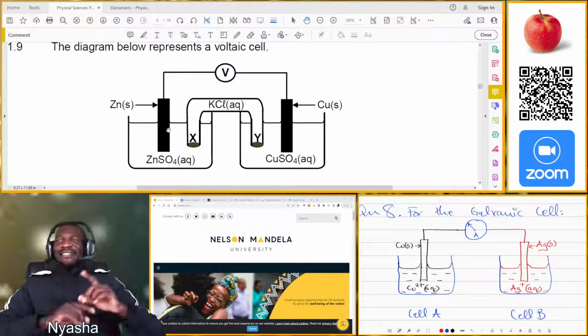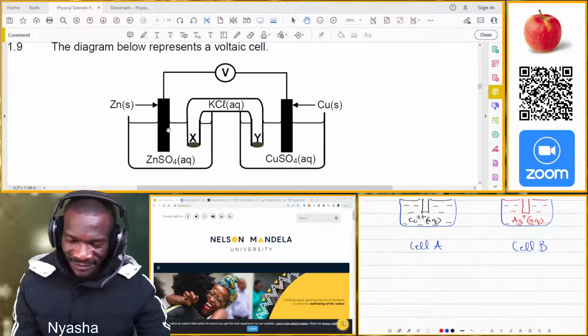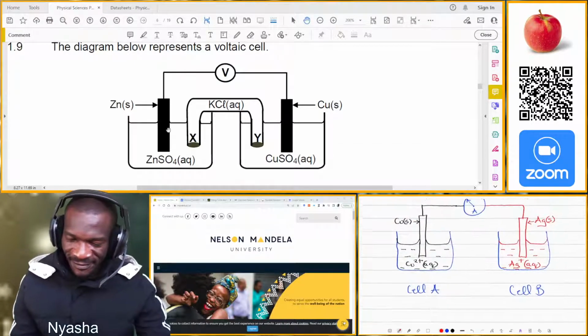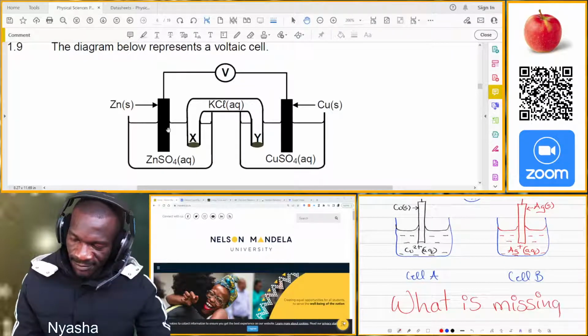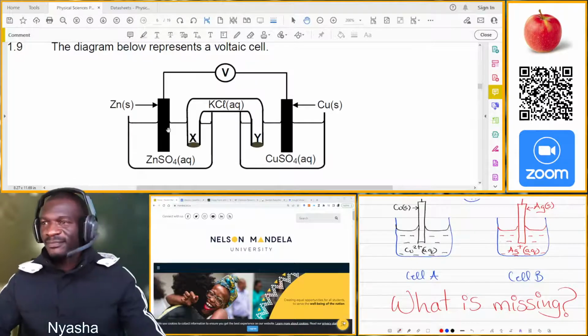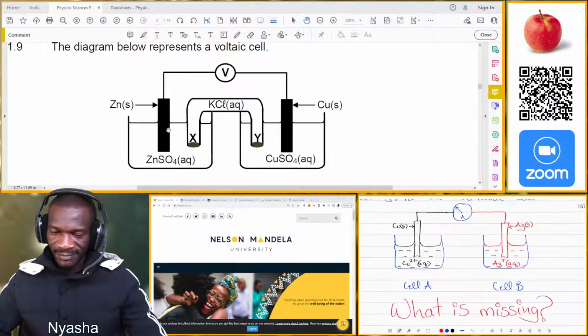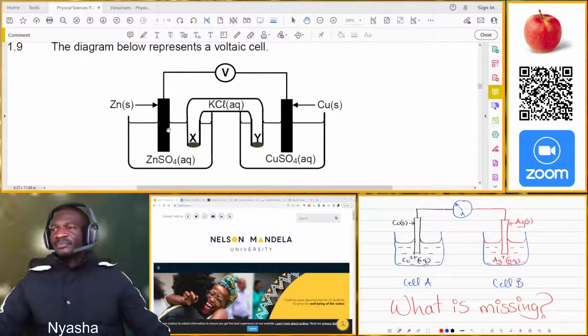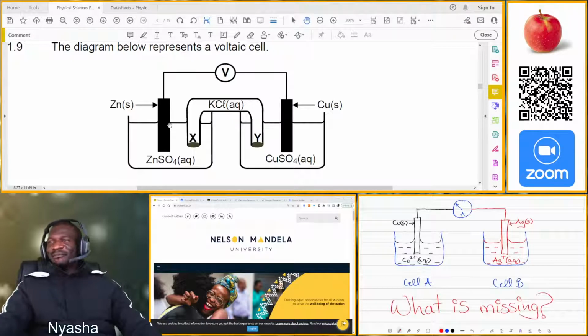What's left? Tell me what's left. What is missing?